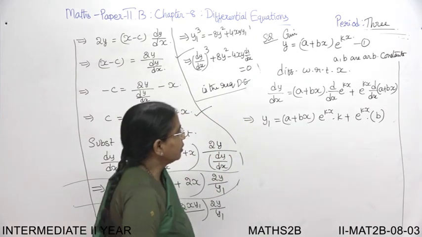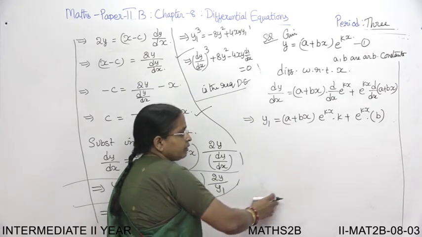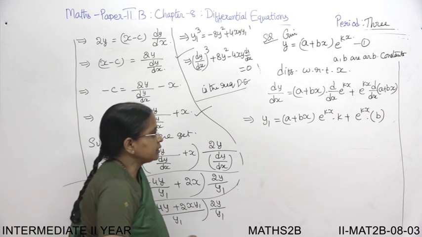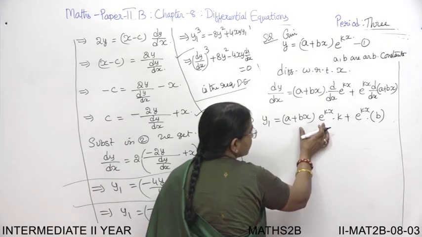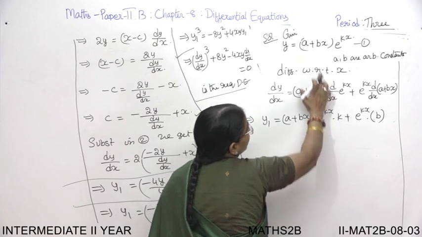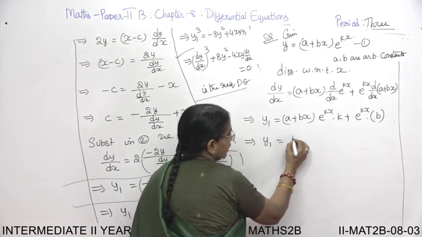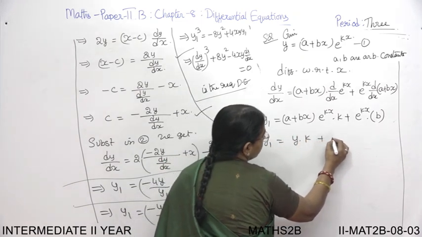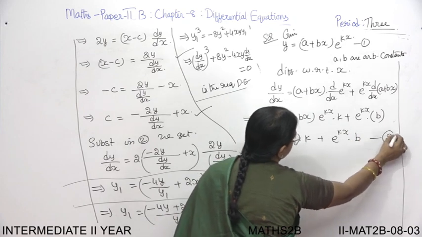Now here you can do one thing, like instead of finding the derivative of this again, you can simplify, because you are getting the same function y here. (a plus bx) into e power kx is nothing but y. So you write it as y, then it is easy to eliminate e power kx into b. Now you take this as second equation.